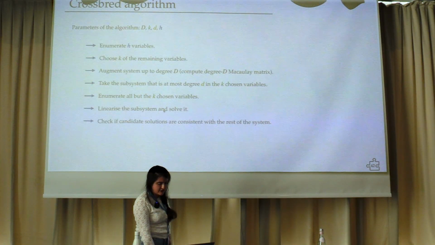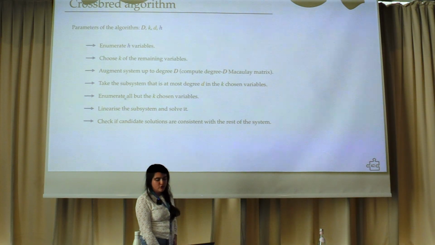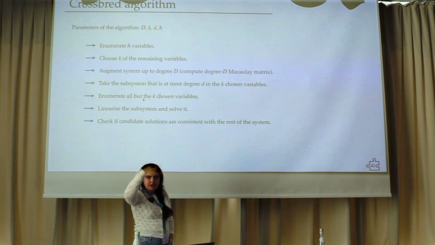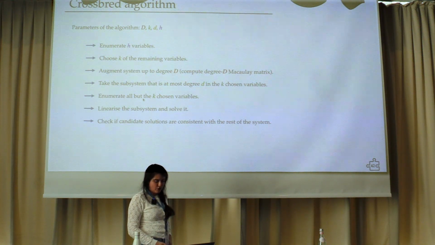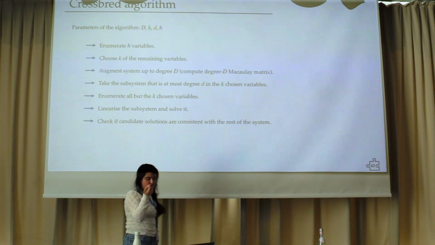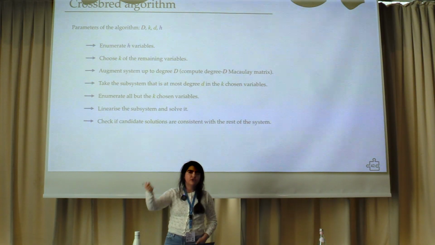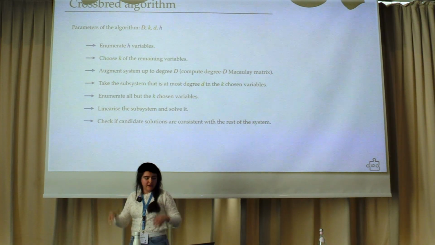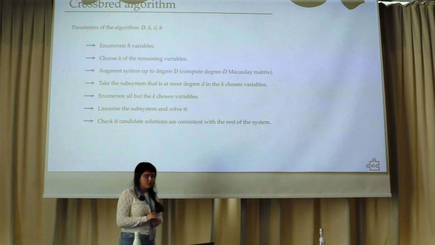Then you enumerate all but the k chosen variables, and you get a linear subsystem, and you find solutions to this subsystem. Then you check whether your solutions are consistent with the rest of the system. That's a high-level overview of how this algorithm works.